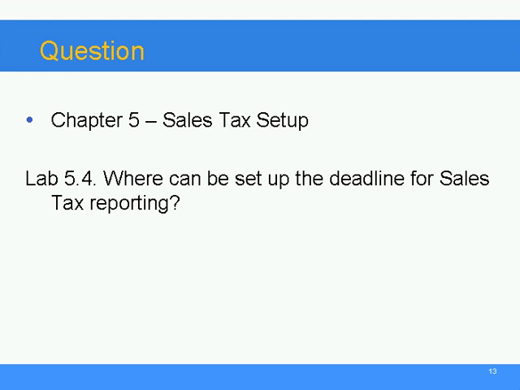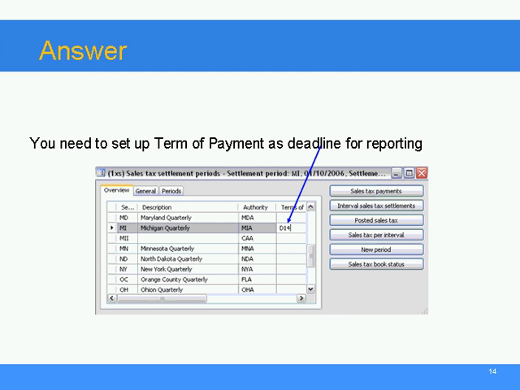Chapter 5, Sales Tax Setup. There is a question from exercise 5.4. Where can the deadline for sales tax reporting be set up? I show the picture. In this picture you see the field for terms of payment.